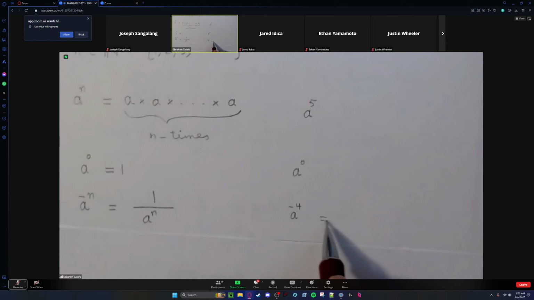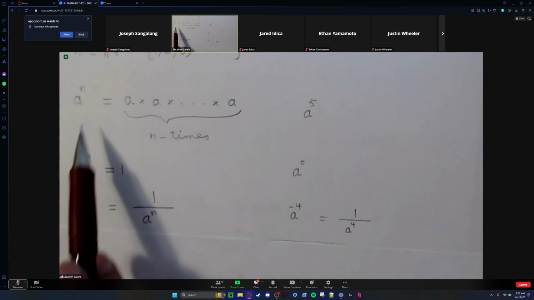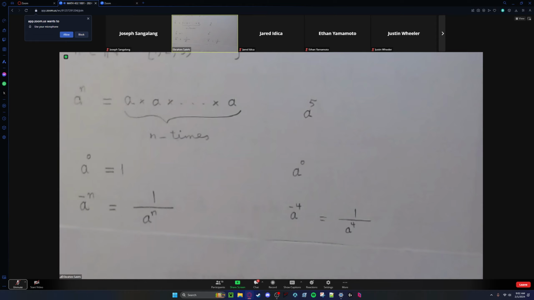So here is how we treated exponents. Then the question was, okay, we defined a to the n for an integer n. How about for a rational number? How about this?